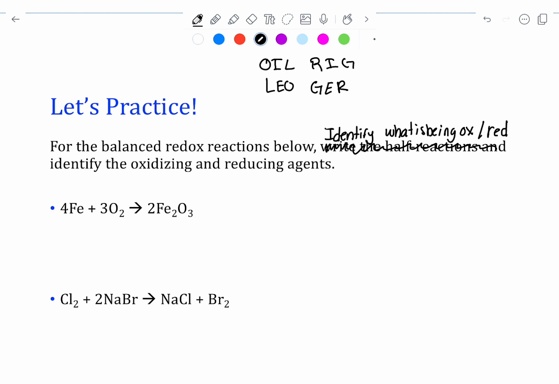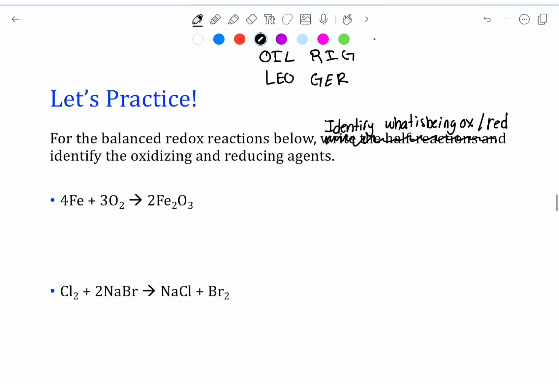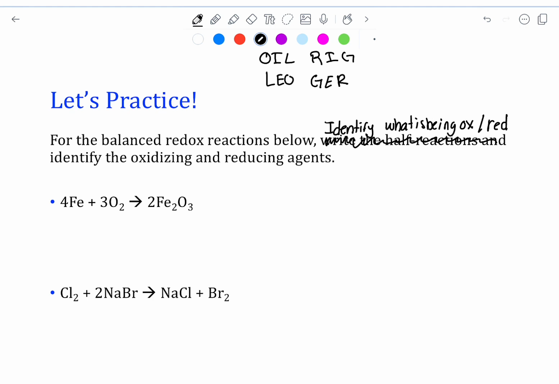agents. So the first thing you're going to want to do when you're looking at these is think about the charges, right? The charges are going to tell us how those charges are changing, where the electrons are going. So we need to look at the charges of everything in these compounds. So iron by itself is a metal, so it has a charge of 0, right?